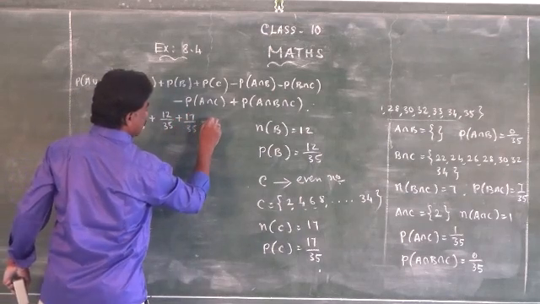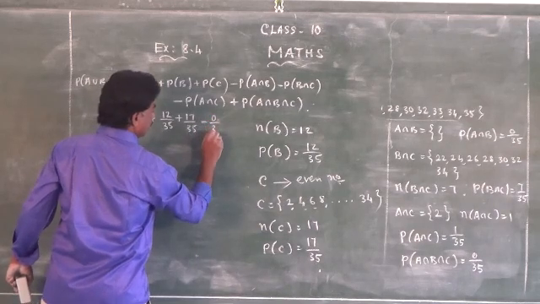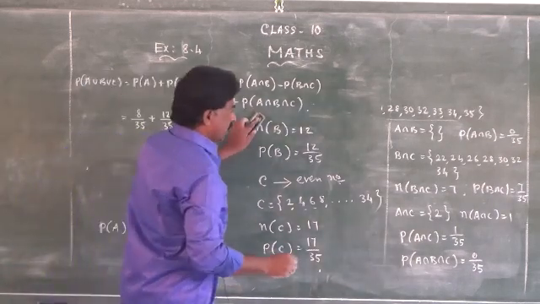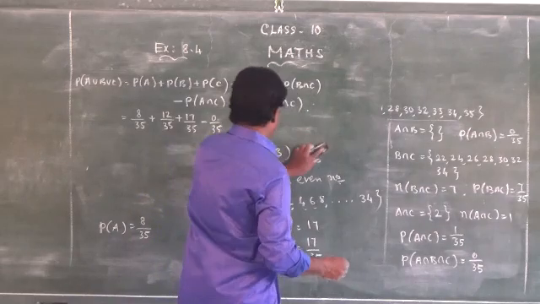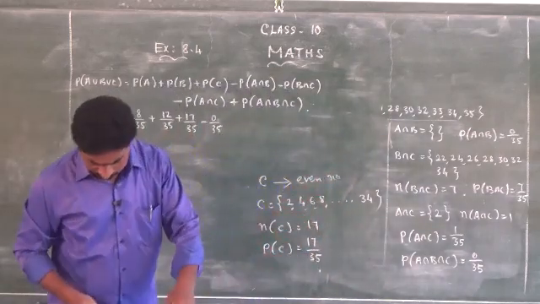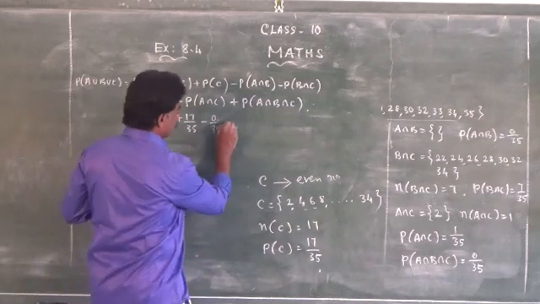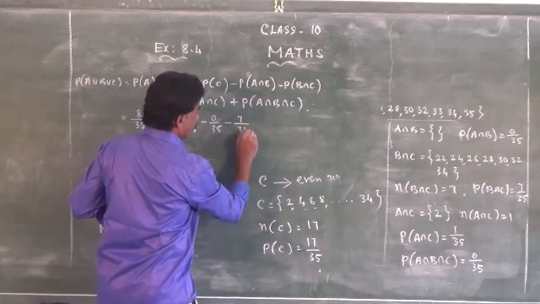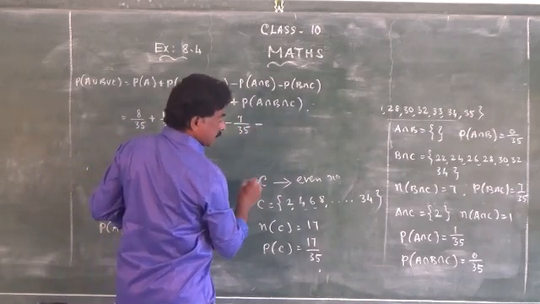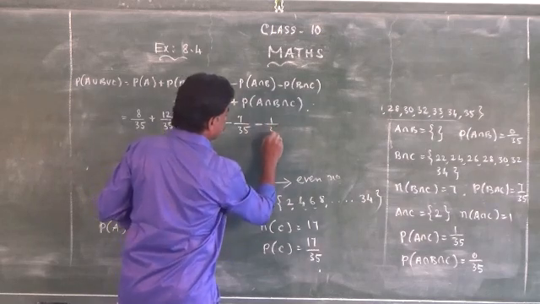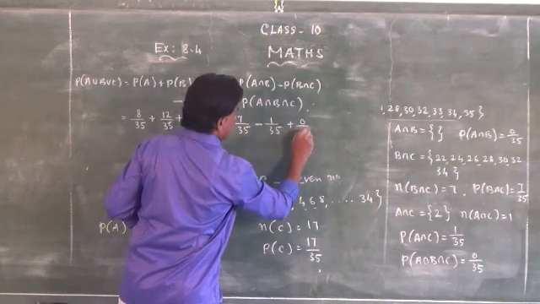A intersection B is 0/35, B intersection C is 7/35, A intersection C is 1, plus 0/35.